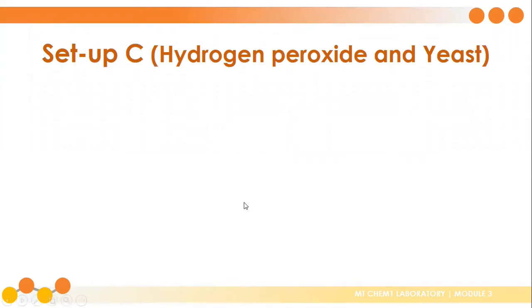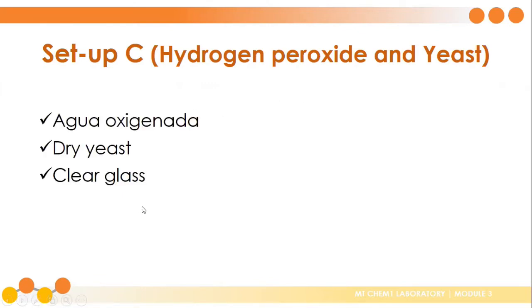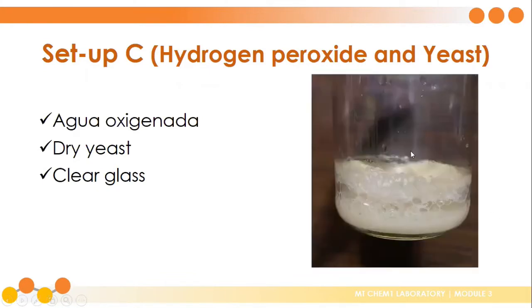Let's proceed with setup C. For setup C, you are expected to combine hydrogen peroxide, or what we also know as agua oxinada, and yeast. So we have, again, agua oxinada, dry yeast, and a clear glass to observe this kind of reaction.